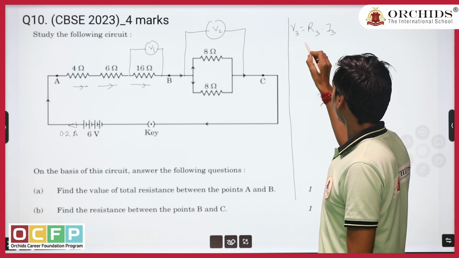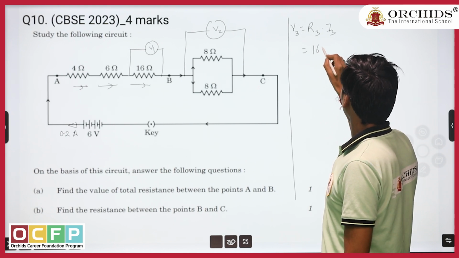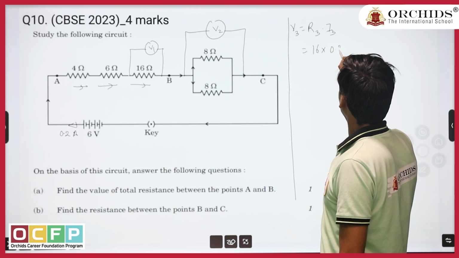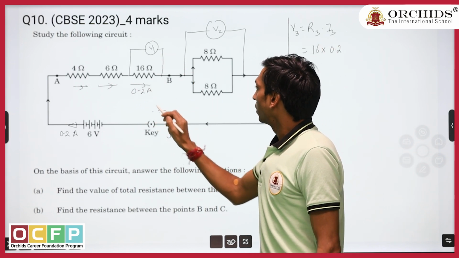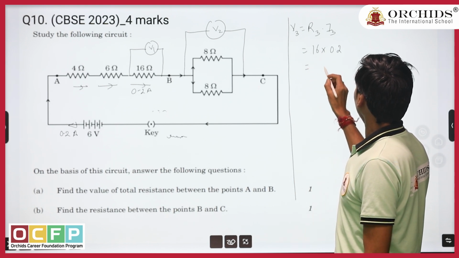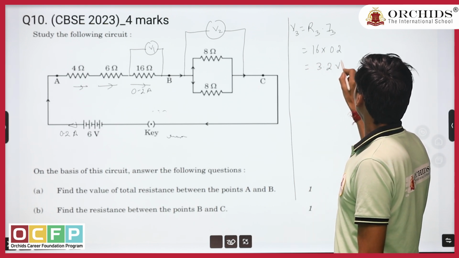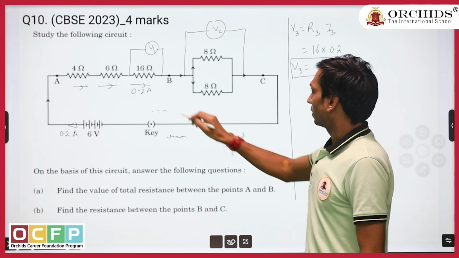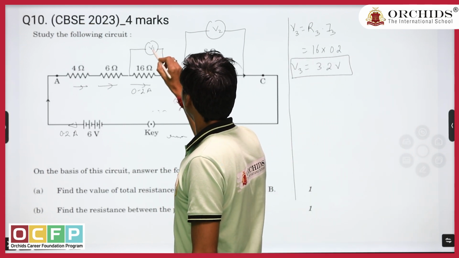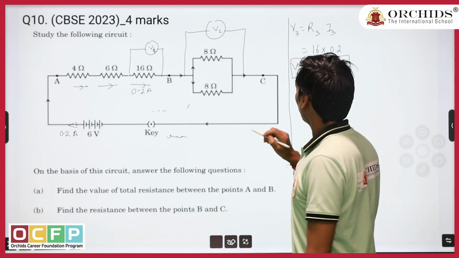I am interested in calculating V3. The resistance is 16 ohm multiplied by the current 0.2 ampere, so the value comes out to be 3.2 volt. So the voltage across the 16 ohm resistor, V3, is 3.2 volt.